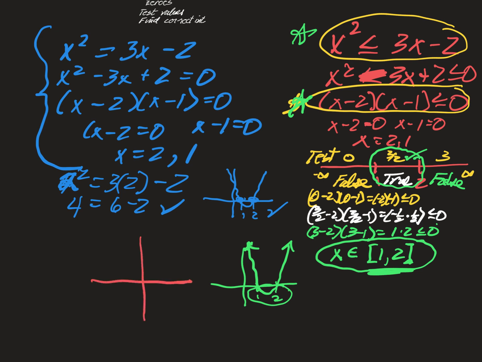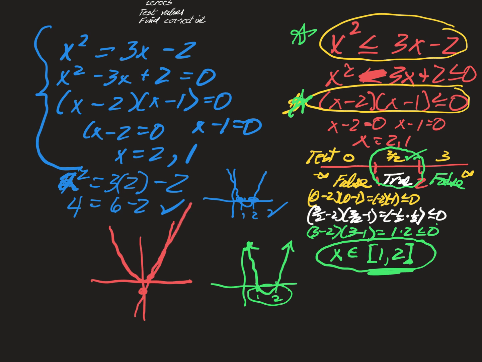You would have had x squared, which looks like this, and then 3x minus 2, which has an intercept here, and that would have been a line that goes like that.